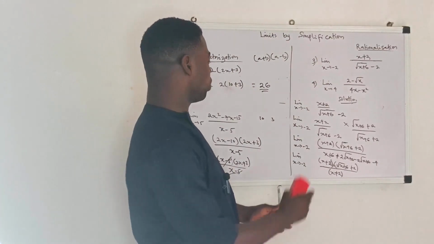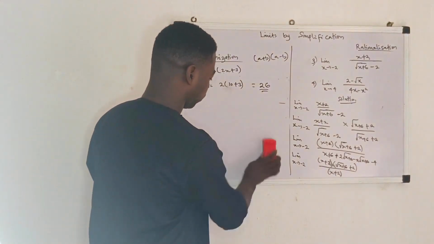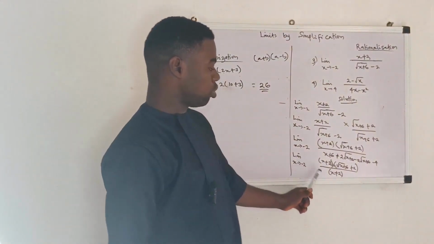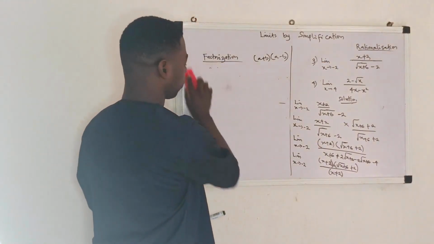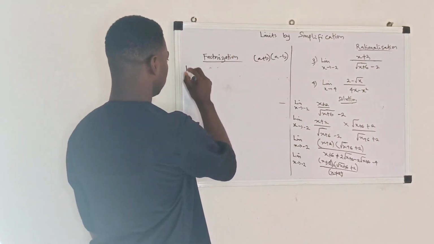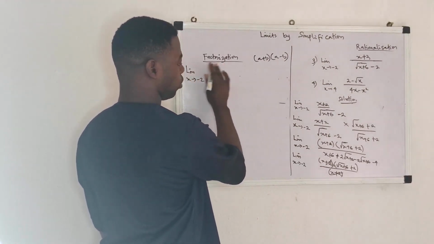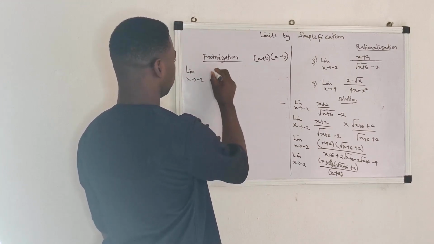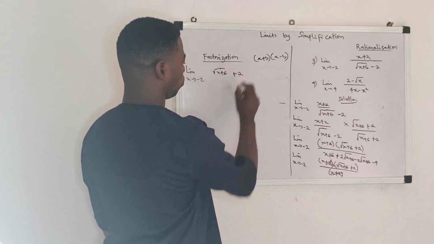It can cancel out. So let me continue this from this other part of the board. This can cancel out, and I'm left with the limit as x approaches -2 of square root of x plus 6 plus 2.